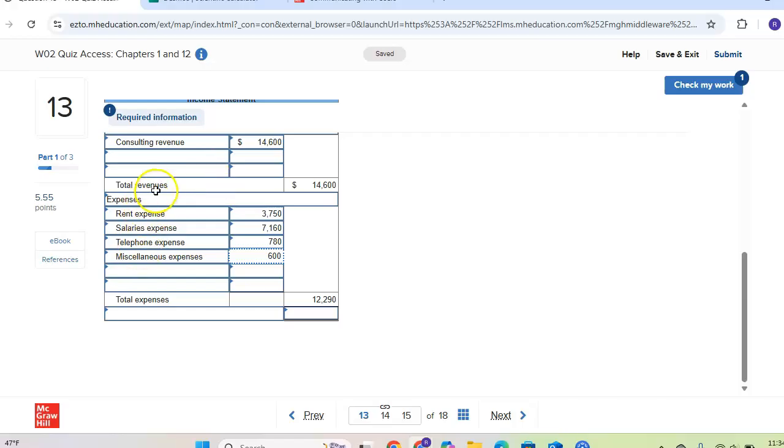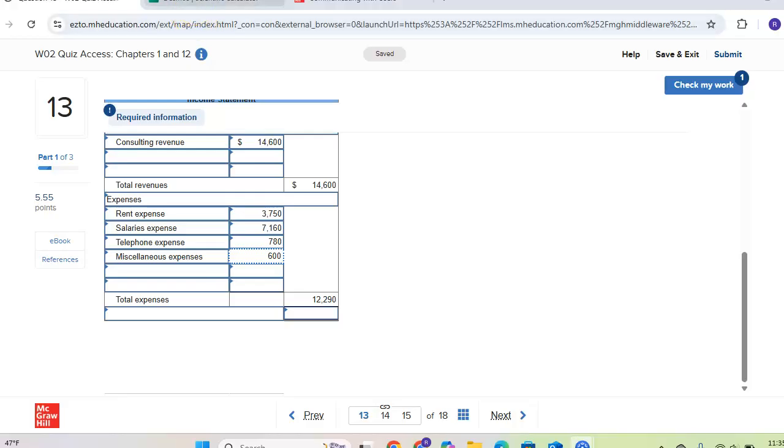Thankfully, the chart totals up the total revenues and the total expenses for us. So next, we just need to take total revenue and subtract total expenses from it.